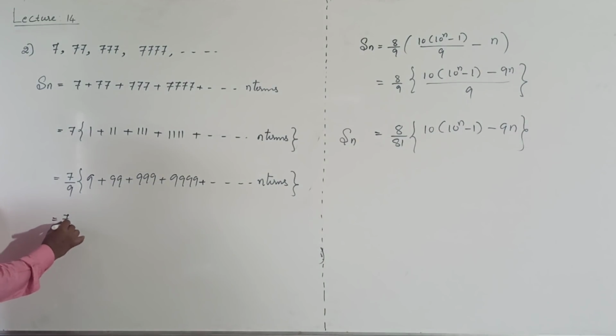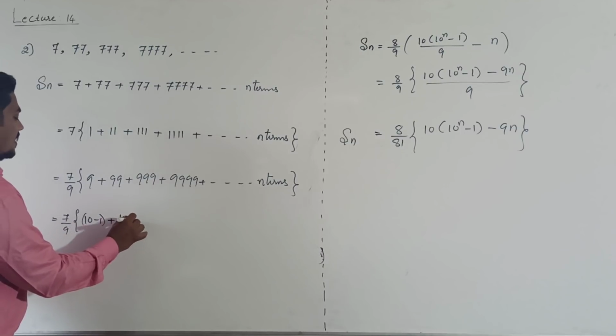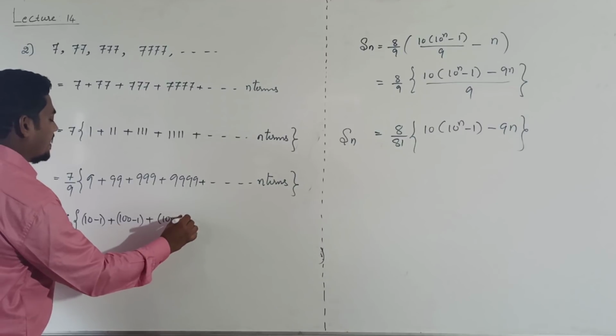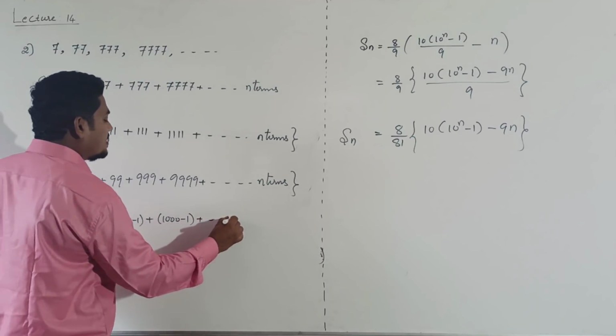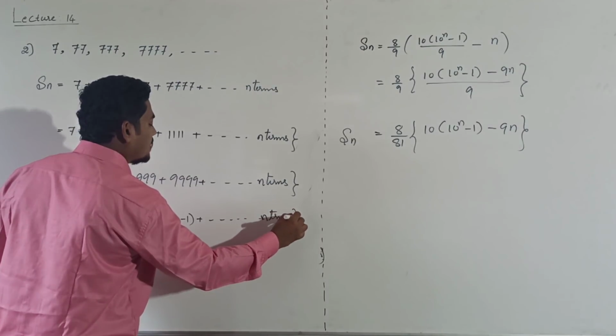After that, 7 divided by 9 in bracket 10 minus 1 plus 100 minus 1 plus 1000 minus 1 plus 10,000 minus 1 and so on up to n terms.